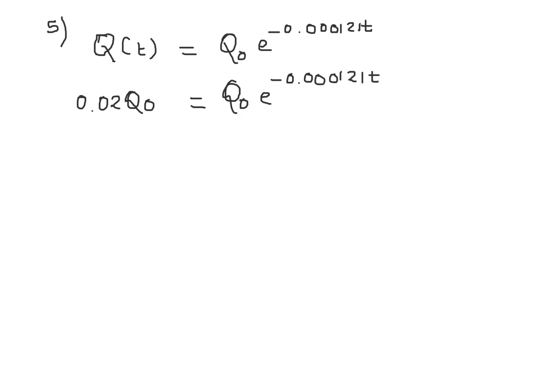And then we can cancel both sides. We can divide both sides by Q0. So we get 0.02 equals e to the power negative 0.000121t. Now we have to solve the equation. We have to get the t. So take ln on both sides.